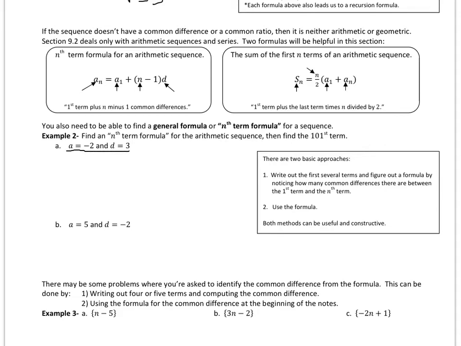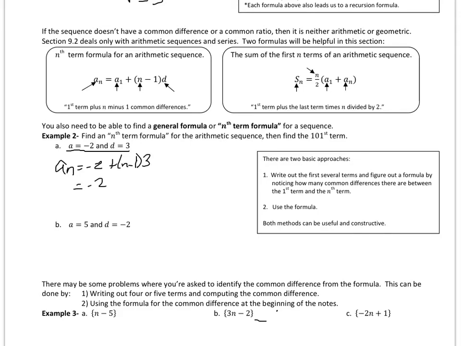Okay, so we want to plug it into the nth term formula here. We get a sub n is equal to a sub 1, which is negative 2. And again, whenever it says a, that means a sub 1. So we get negative 2 plus n minus 1 times our common difference, which in this case is 3. Now we distribute our 3.